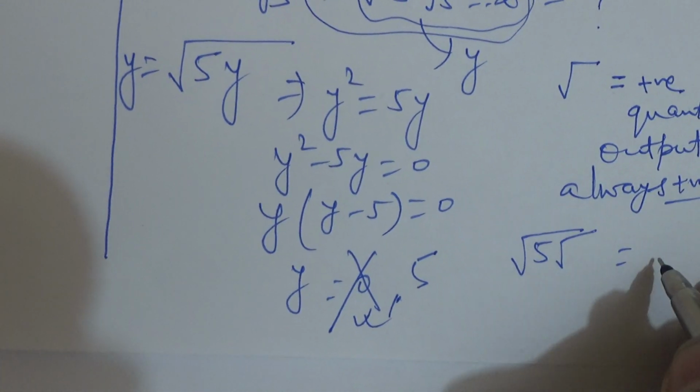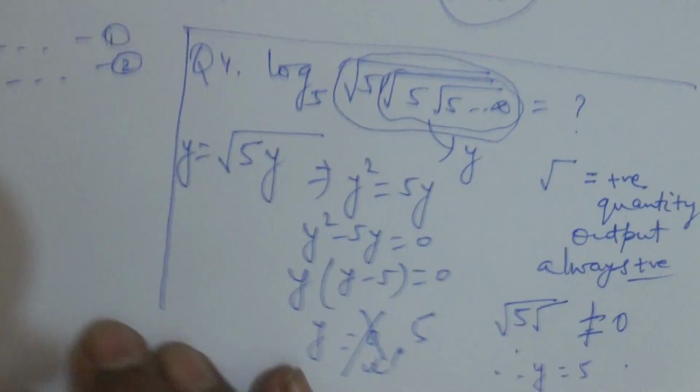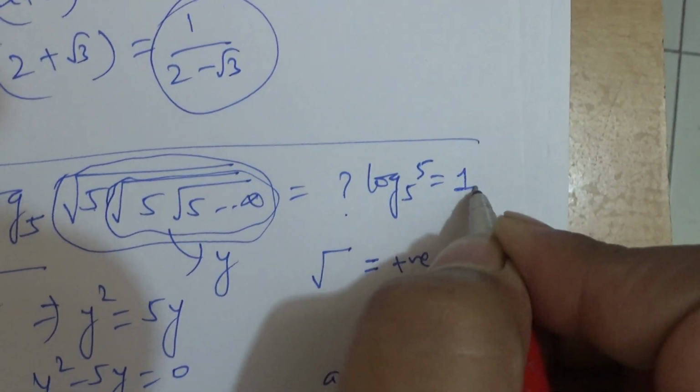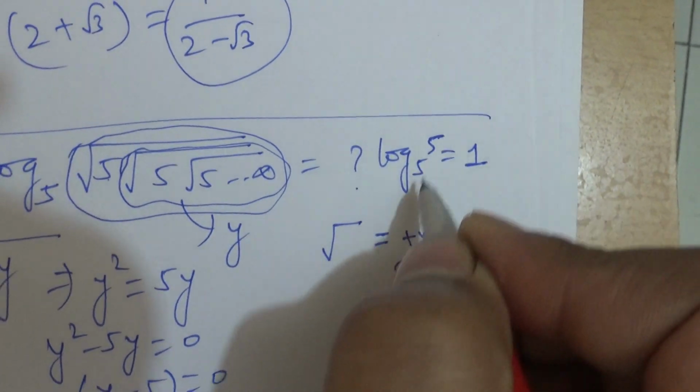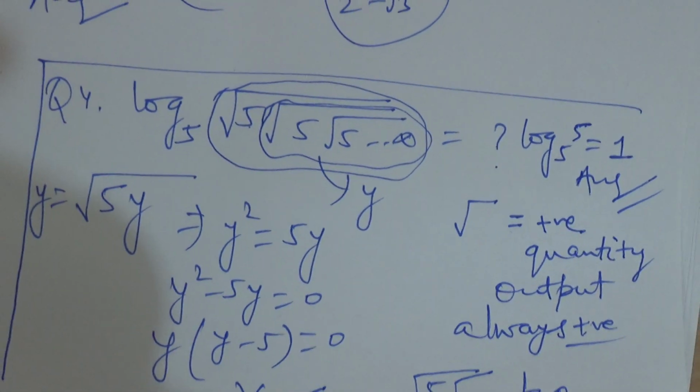So this cannot be 0. Therefore y is equal to 5. And if we take y as 5, so log 5 base 5 is equal to 1, same base, same argument, that is 1. Okay? Got it?